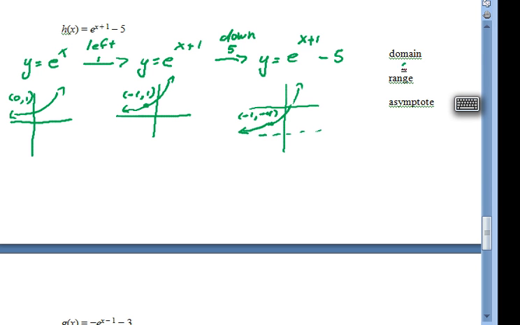So the domain, negative infinity to infinity. The range, negative 5 to infinity. And y equals negative 5 is the horizontal asymptote.